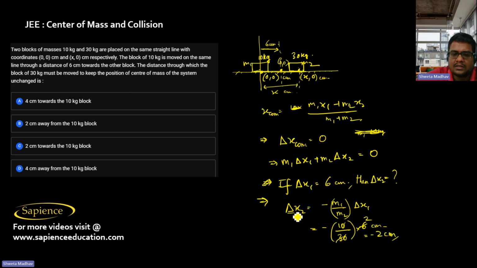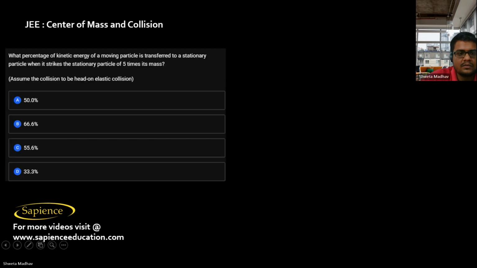So it means that the 30 kg block should be moved by 2 centimeter towards the 10 kg block. It means it should now be placed at x minus 2 centimeter. So option C is the correct answer.